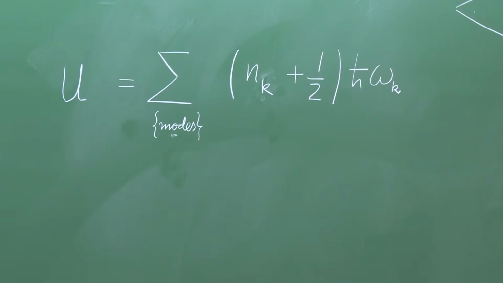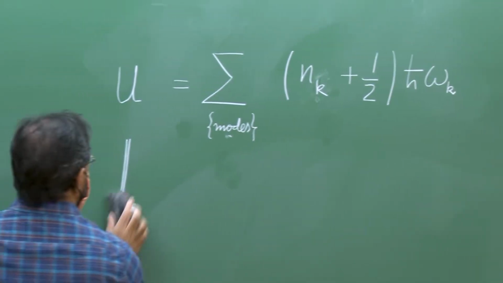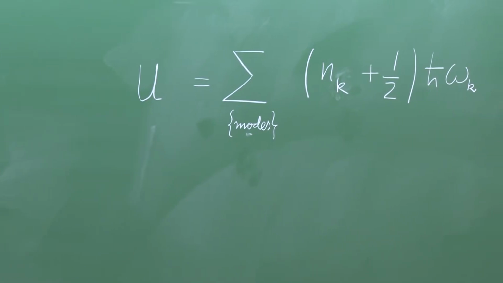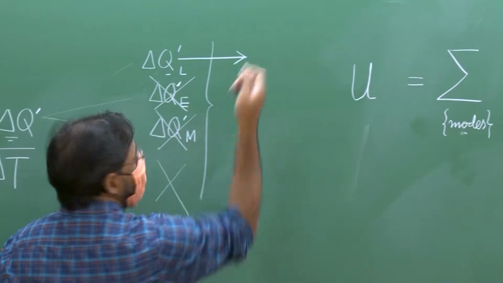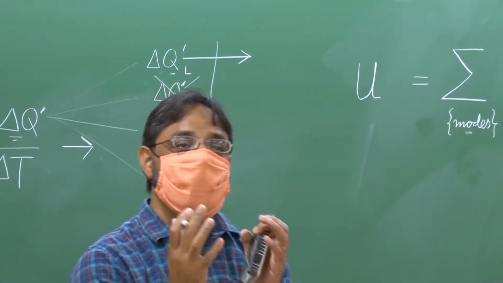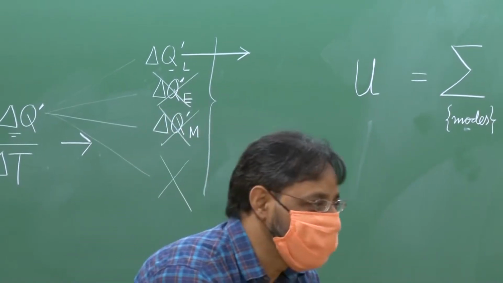So this is U. Now from U, you go to the specific heat. The argument that we have made now is that this delta Q lattice, where will it go? It will go only in increasing the internal energy, increasing the vibrational energy of the solid, because it has no other degrees of freedom.